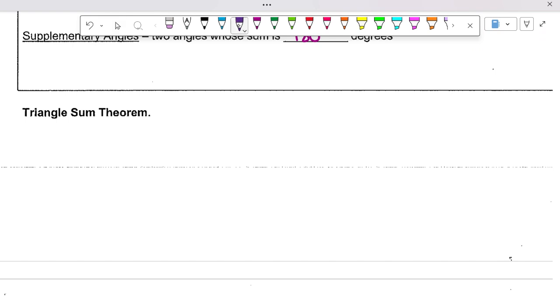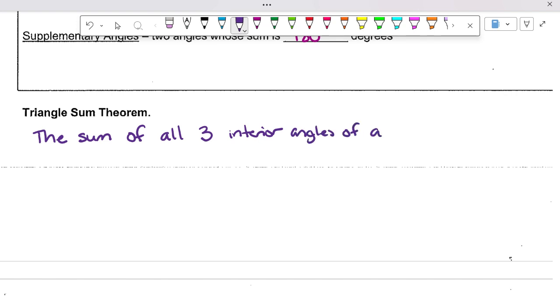So the triangle sum theorem: the sum of all three interior angles of a triangle is equal to 180 degrees.